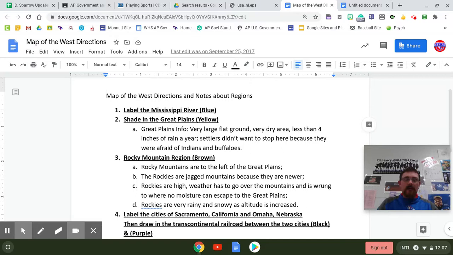So the Rocky Mountains is a brown region, and these Rocky Mountains are going to at times cross into, because you do have the Rockies in the state of Colorado.